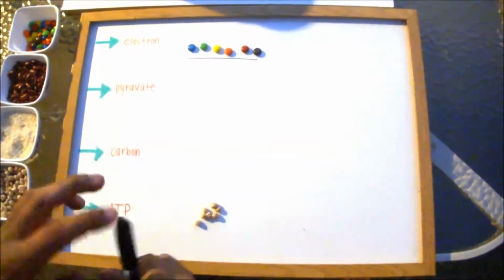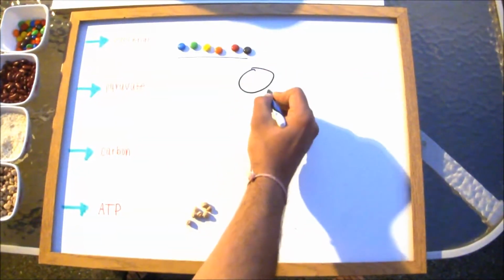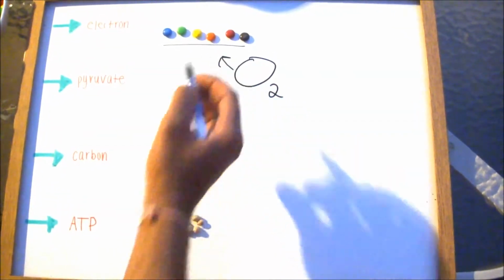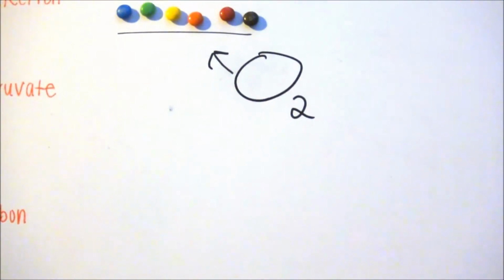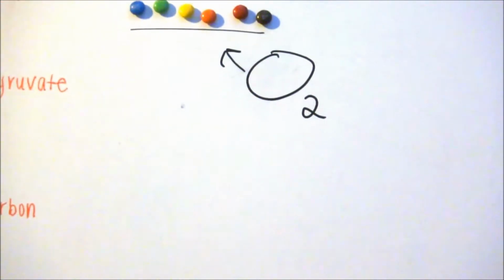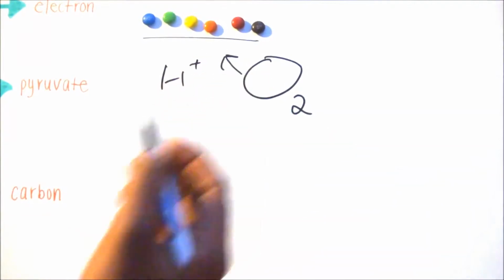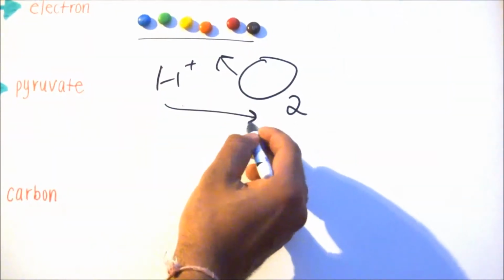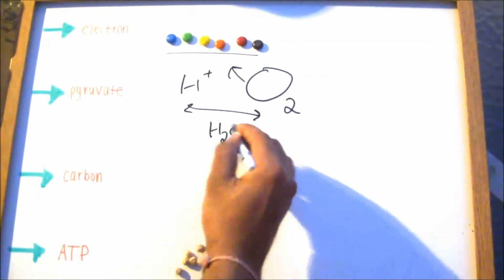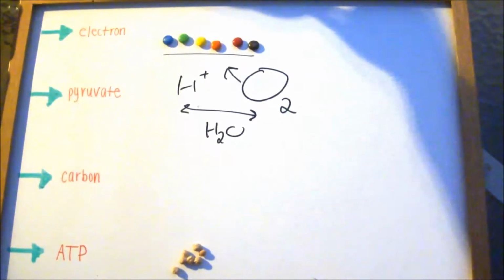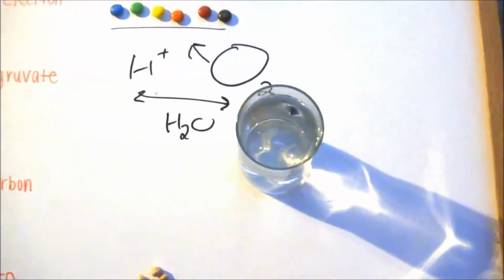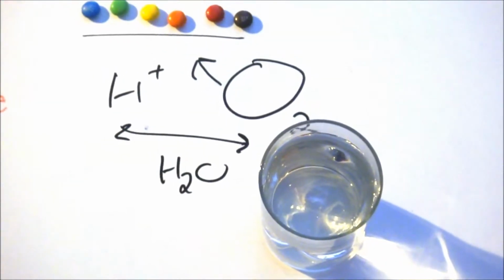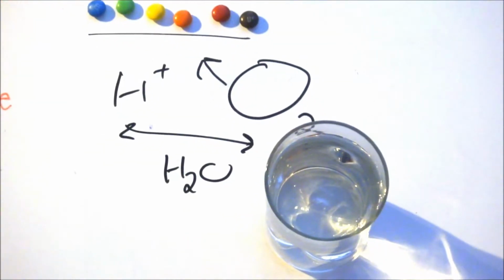So oxygen, O2, comes into the electron transport system, and it meets with hydrogen to form H2O, which is the water we have right here. This H2O is very easy to get rid of in humans and animals.